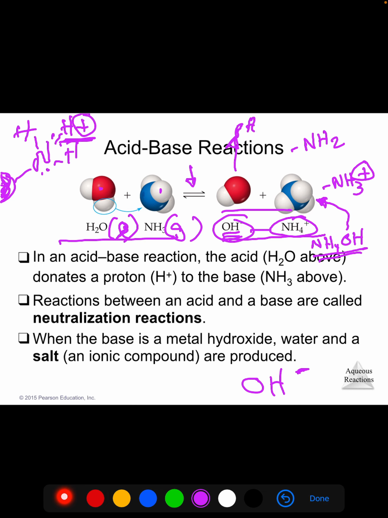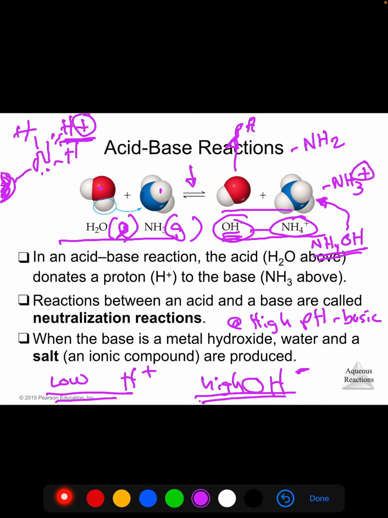Because at a high pH, you have low H+ and high OH minus. At a high pH. In other words, basic solution. It's basic because you have very low hydrogen ions, because you have very high hydroxide ions.